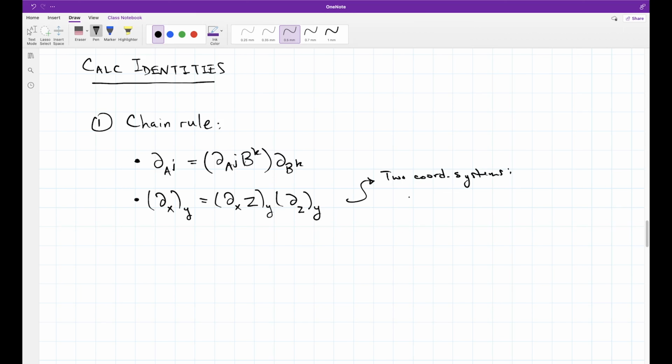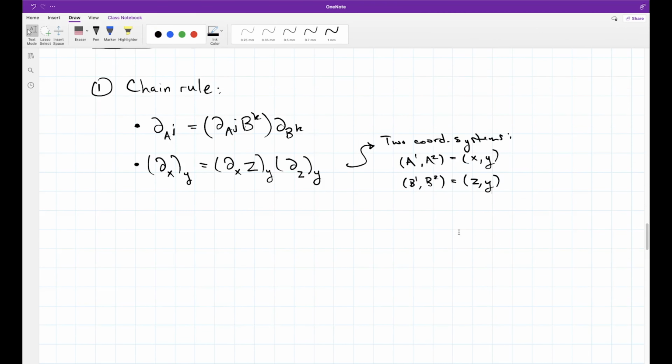The first one will be A1, A2, is equal to X, Y. And the second one, B1, B2, will be equal to Z, Y. Good.